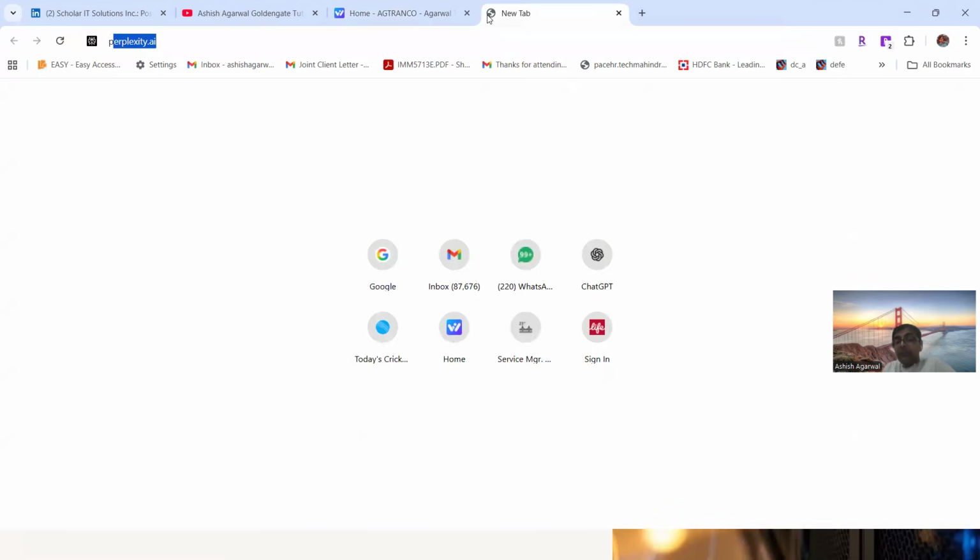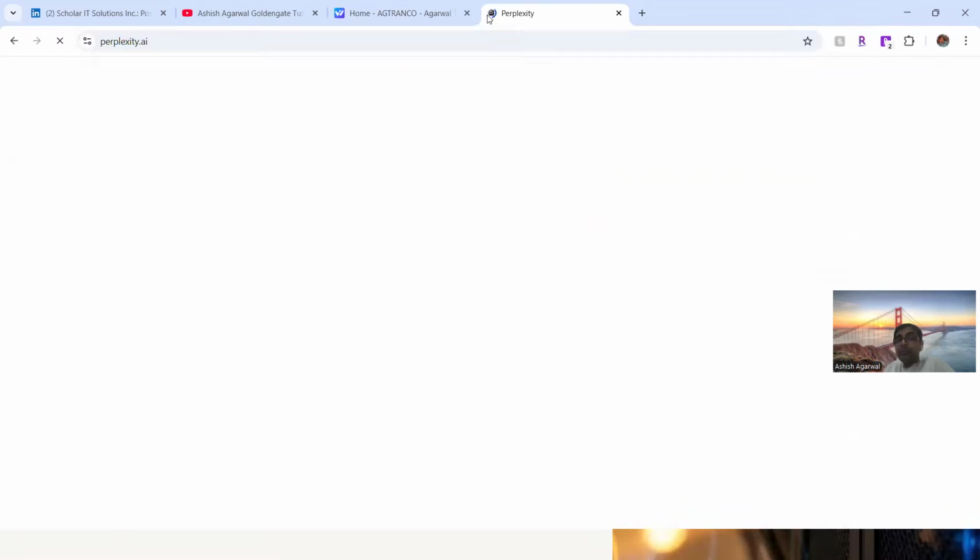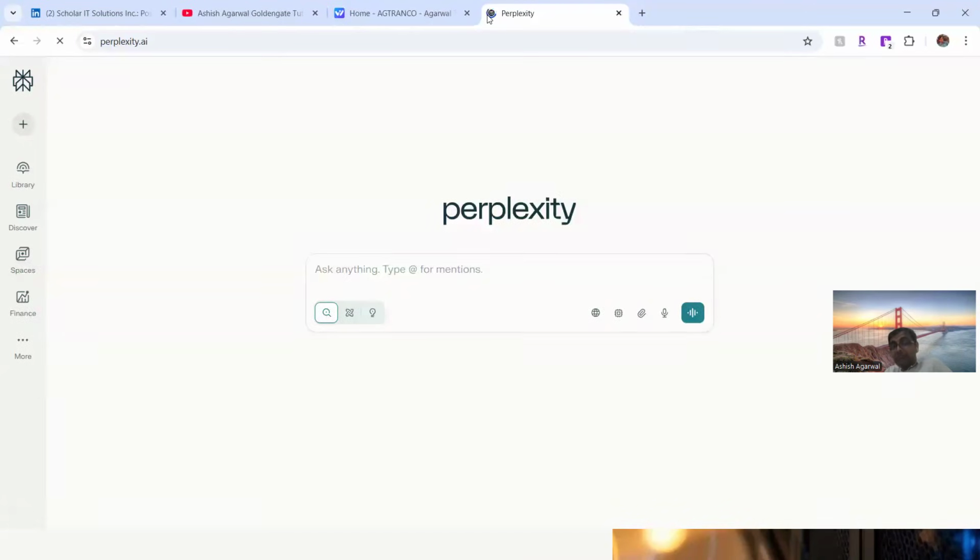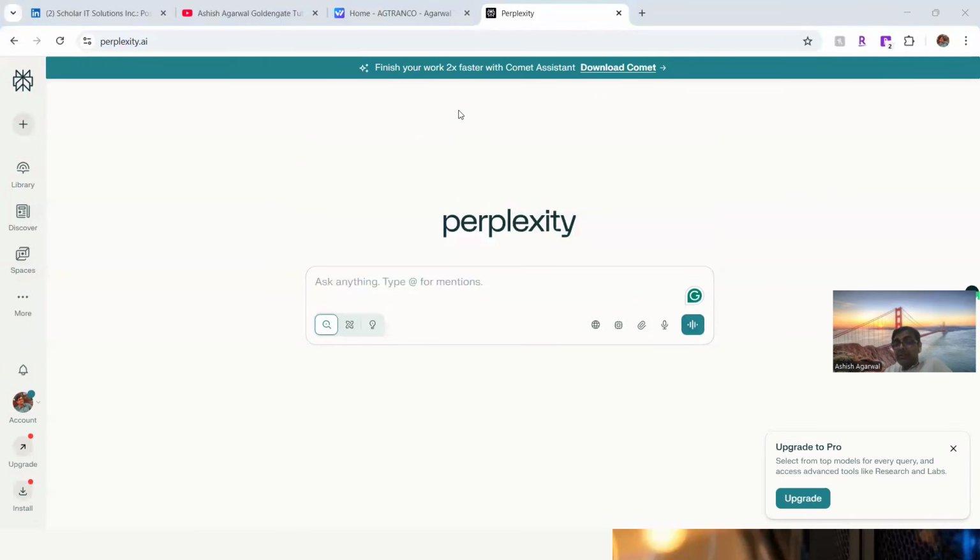Guys, if you haven't gone through Perplexity, use Perplexity as well. I really like Perplexity, especially for Golden Gate. Okay, ChatGPT, I see in the answers. ChatGPT is the winner. Wow. Most of the people use ChatGPT.